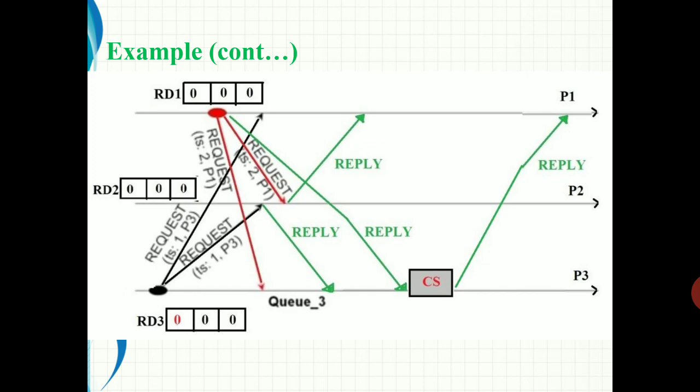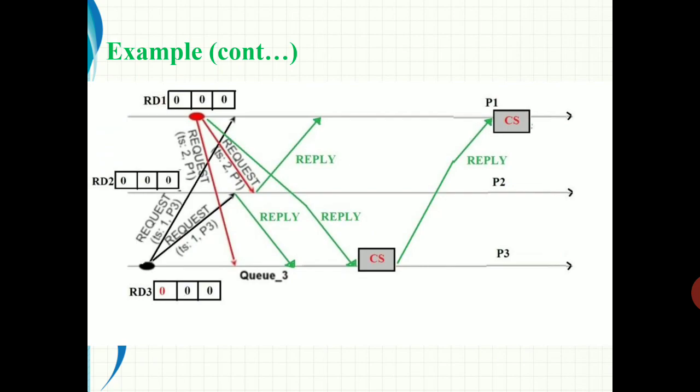That is the idea. On exiting or releasing the critical section, a particular process will send the deferred reply to all the processes in the queue. At the same time, it will change the values in the request deferred array.